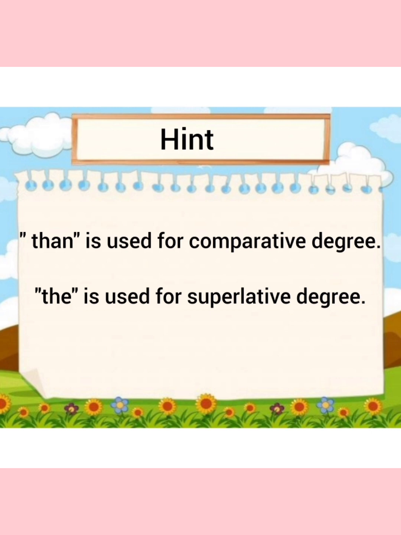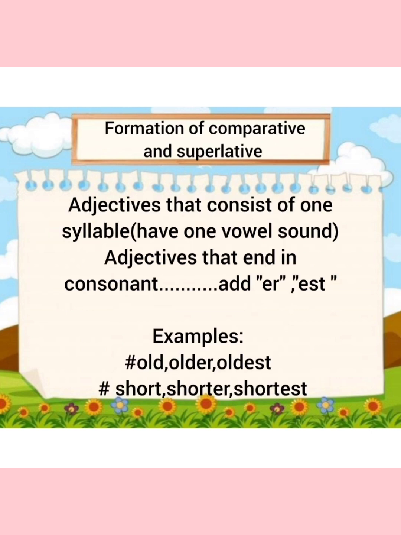Now it's time for formation of comparative and superlative adjectives. Adjectives that consist of one syllable. It means that the adjectives that have one vowel sound, so those adjectives take a different set of letters at their end to change the degree from one to another. Now adjectives that end in a consonant, we will add ER and EST in their comparative and superlative form.